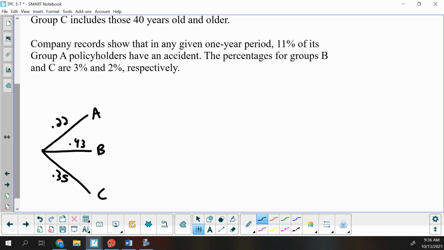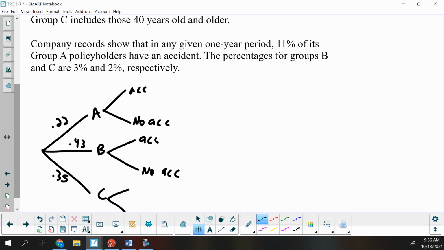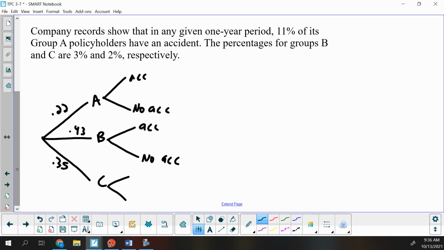Well, now, in each of these groups, either they had an accident or they did not. So let's do 2 branches off each, and we'll do ACC for accident and no ACC for no accident. And we'll have those 2 options for each group.